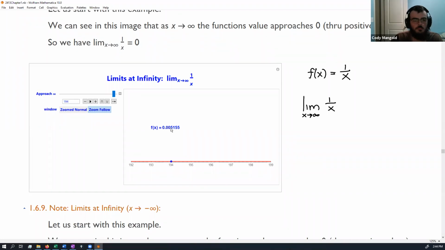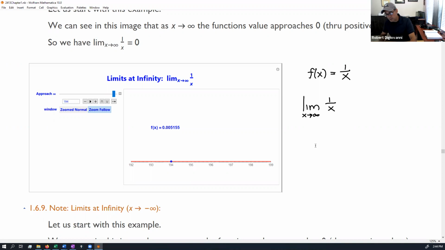Now, again, let's think about this big picture. What's happening here? On the top, we have a fixed number, and on the bottom, x is becoming infinitely large. It's the same idea that we had before.